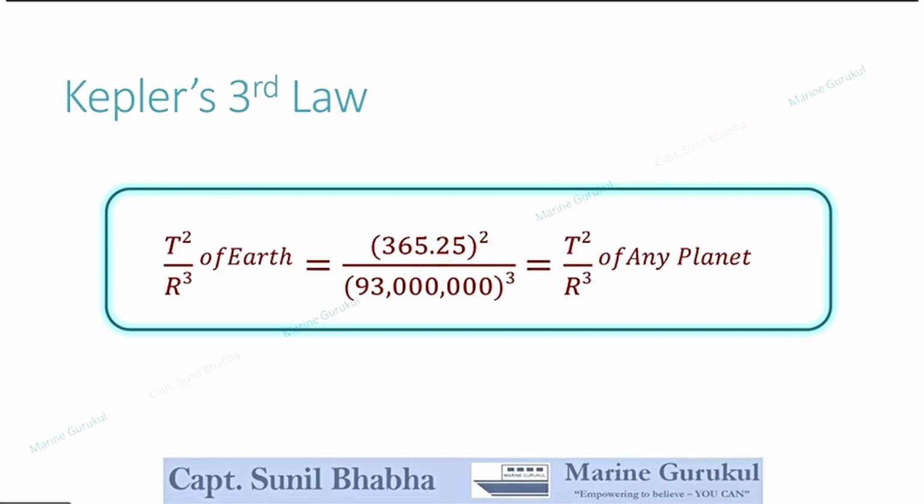No, see, what you are doing is comparing T squared by R cubed of Earth with T squared by R cubed of any other planet. This 93 million miles is the mean orbital radius of the Earth's orbit. So the R which you will be calculating will be the mean orbital radius of that particular planet, from the Sun. Okay, so it's like a relative. Right, that's right. Okay, sir. Okay.